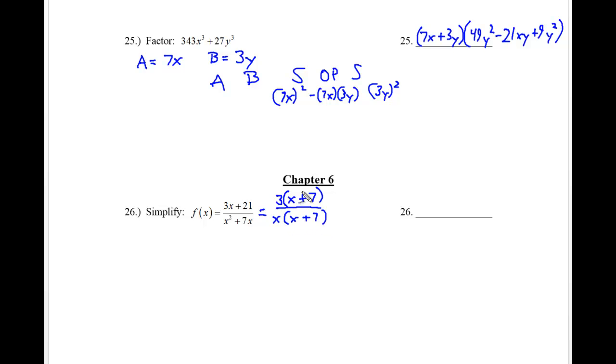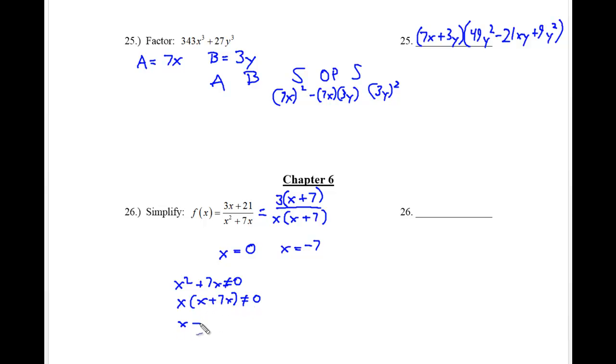Now, before we do any simplification here, we should note that we have excluded values, which means that if my x is equal to 0 or my x is equal to negative 7, what we have here is a division of 0 error, because the denominator, that x squared plus 7x, cannot be equal to 0. So if I solved just the denominator for not equal to 0, I'd have x and x plus 7 is not equal to 0.